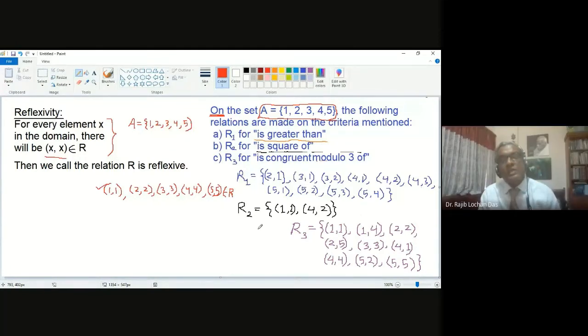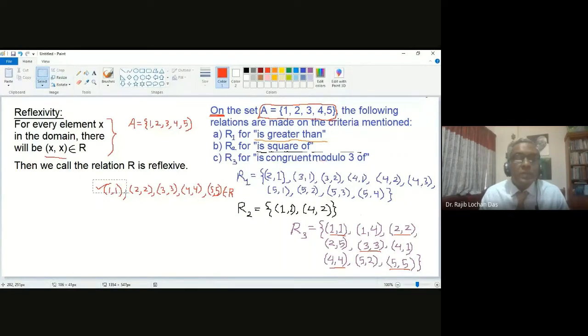R3 is reflexive because you can see 1, 1 is there, and 4, 4, 2, 2, 3, 3. Everyone is there. So R2, is it reflexive? No, because only one element is present, but not every one. R3 is the only reflexive one, and R1 is also not, because 1, 1 and 2, 2 are missing. So this is called the reflexive property. Do you understand that?